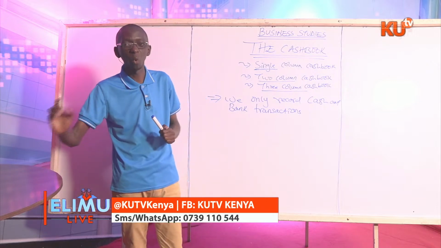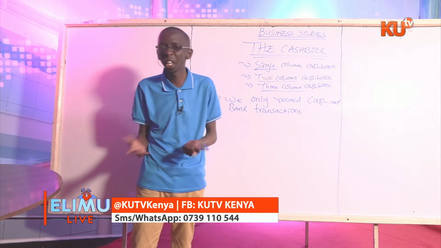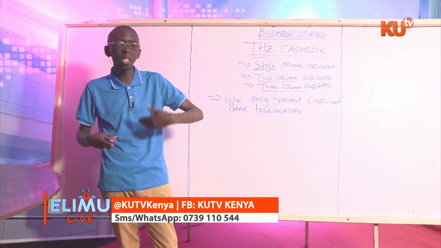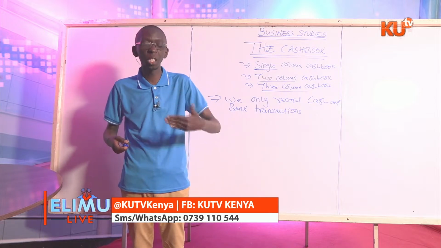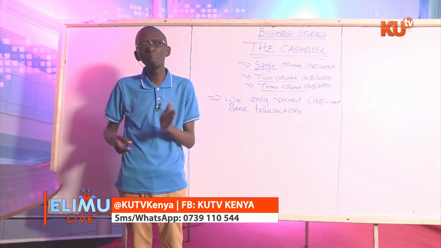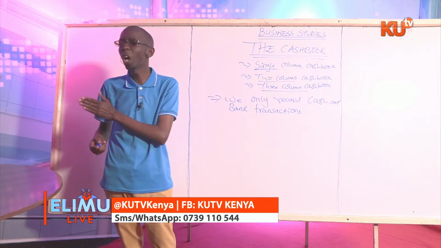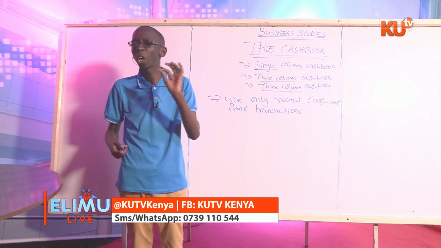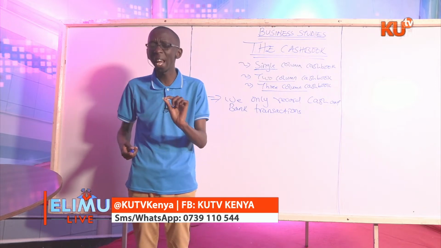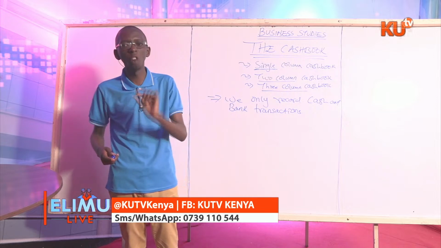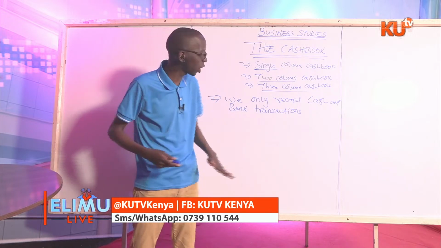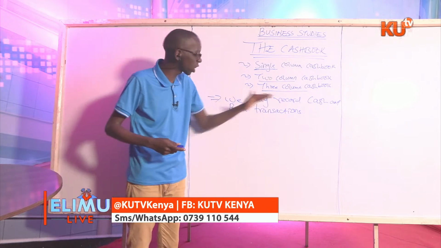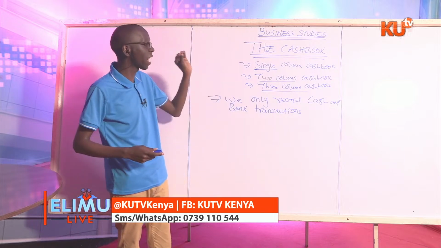Check means bank. When you have a transaction involving check, that means it is payment by bank. So Kimani bought goods on credit from Jumbo Traders will not be recorded in the cash book. Why? It does not involve cash and bank transactions. So we only record cash and bank transactions in the cash book.